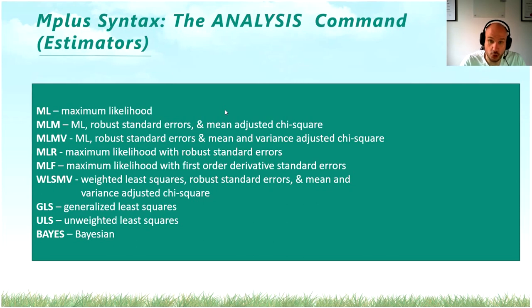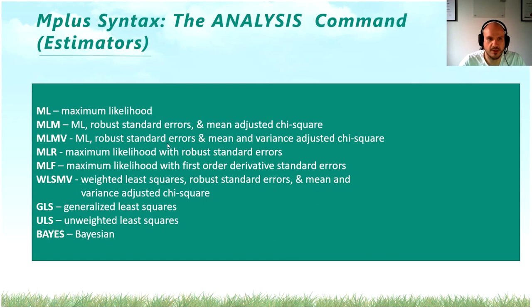When your data is not normally distributed, we utilize either the MLM, where it basically adjusts your chi-square for the deviations in multivariate normality, or we utilize MLR, which is a bit more robust in that sense. So for your purposes, those are the three estimators that you will probably use: ML, MLR, and MLM.